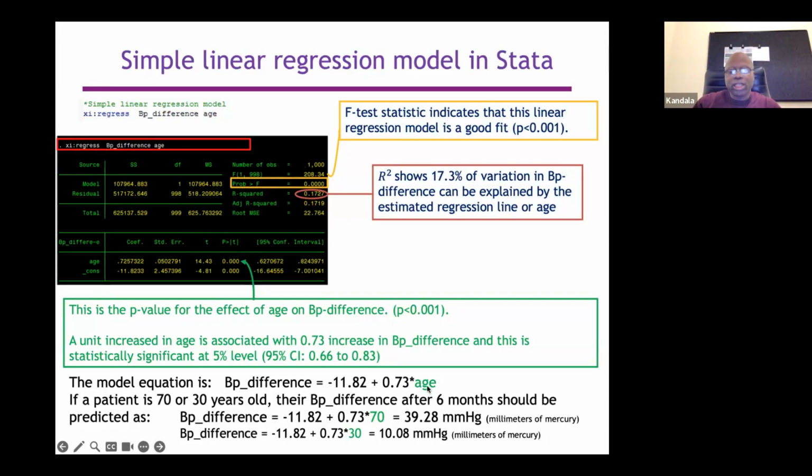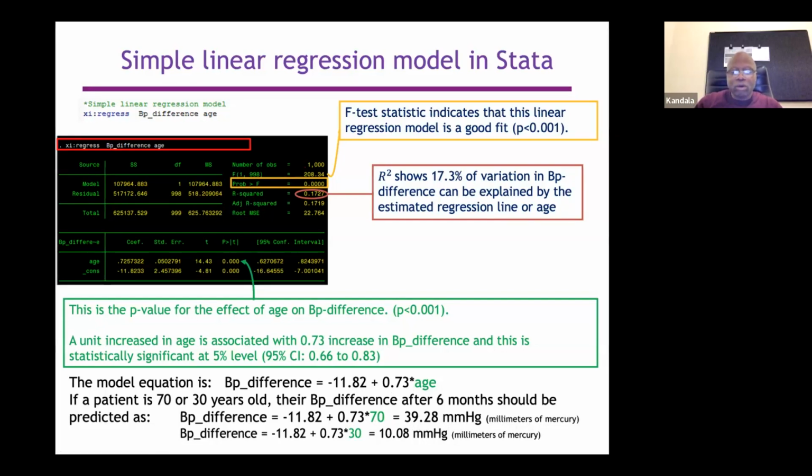Plugging the age in, you will have the predicted value of 39 millimeters of mercury for the blood pressure difference of a patient that is 70 years old.